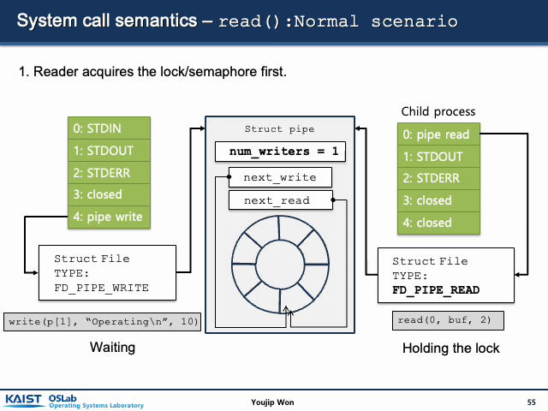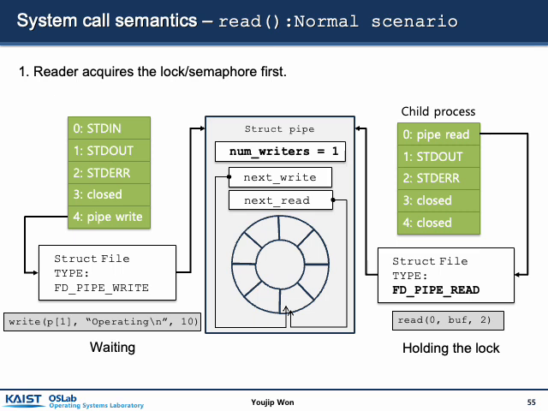So here is a normal scenario of the read system call on the pipe buffer. Assume that the reader first acquires the lock and semaphore of the pipe file before the writer writes on the pipe buffer.